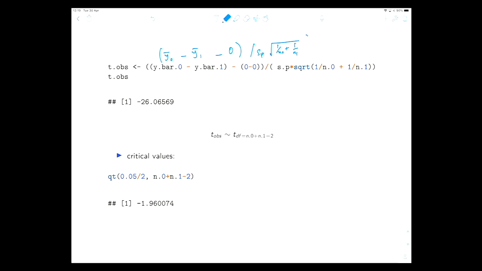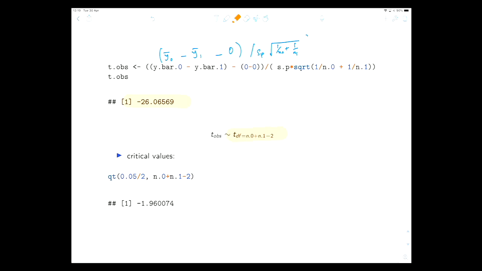Once you get your test statistic, you need to compare it to an appropriate T distribution. For a two-sample t-test, the T distribution cutoff value is based on a T distribution with n1 plus n2 minus 2 degrees of freedom.